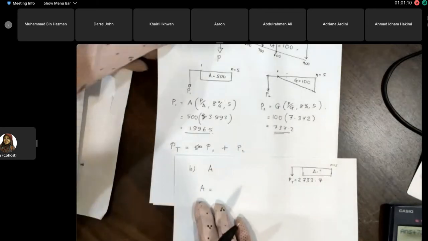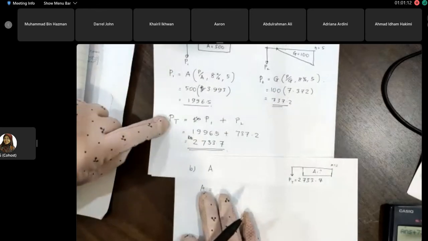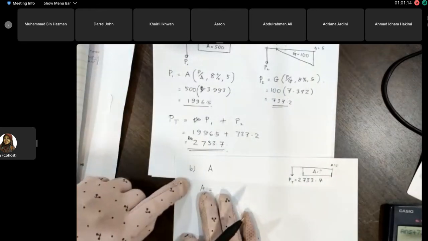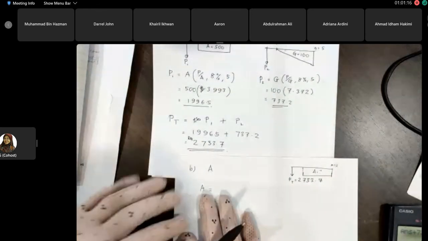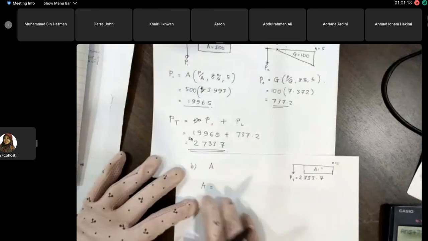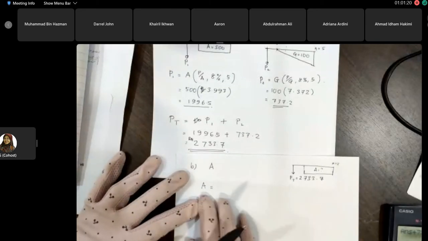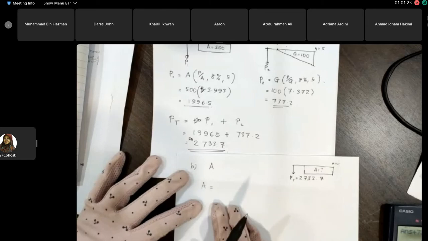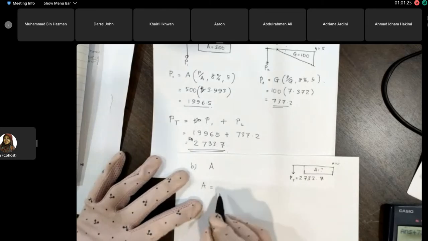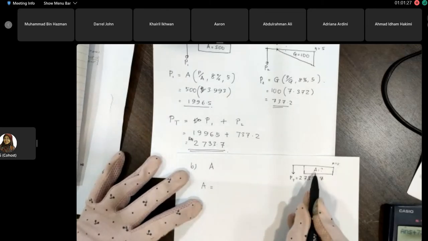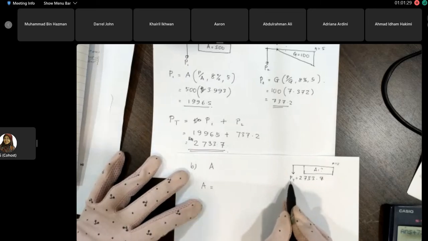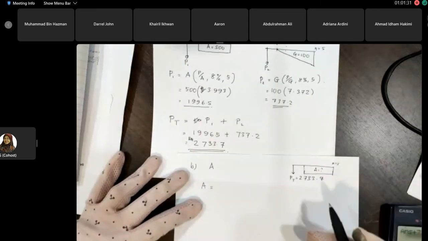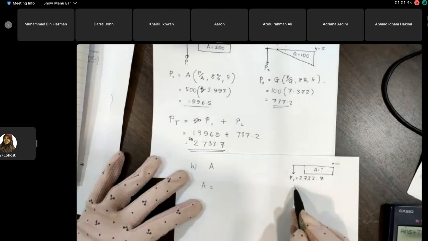For the first one, I just use the P total here to convert to A. We do this part first. So how to write the factor here? A equal to what?